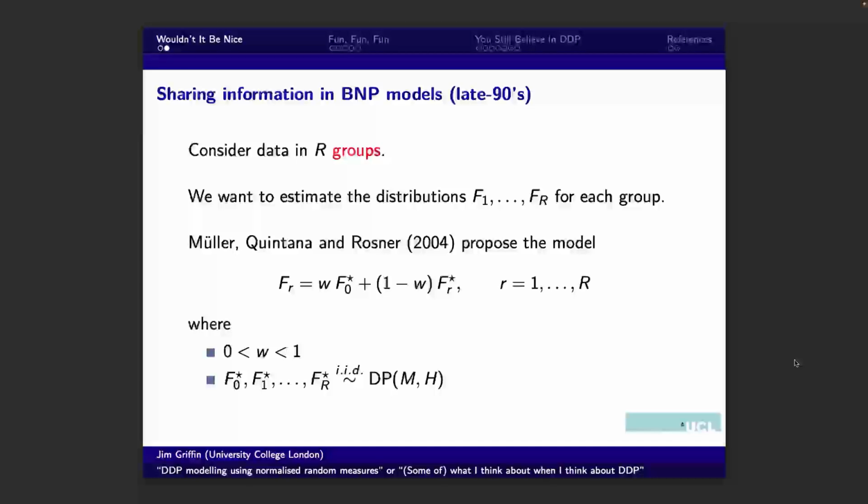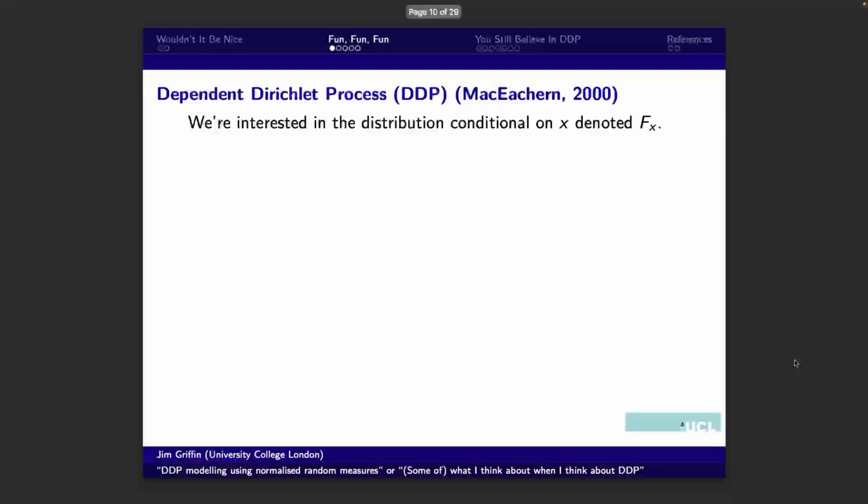And so there's a recent paper by Igor Prunster and Antonio Lijoi on multivariate species sampling models, where they really show that this idea of ties is a fundamental idea in a lot of these kinds of dependent non-parametric processes. And then we have the paper by Steve.